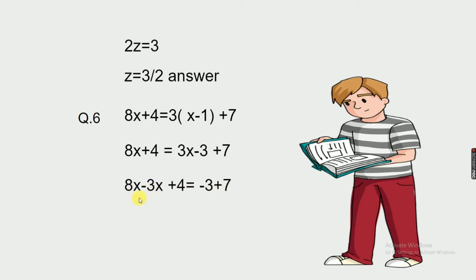Now, solving this, we would get 5x, and this is plus 4. Now, in order to find the value of x, we would transpose this 4 to the other side. Then this plus 4 would be converted into minus 4.